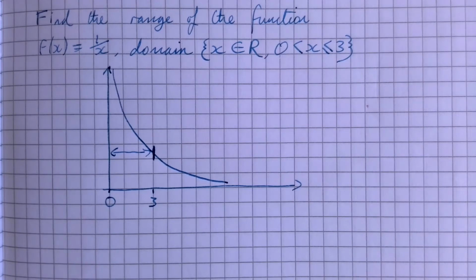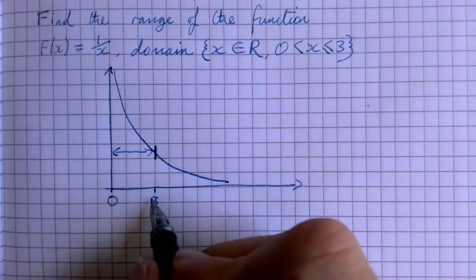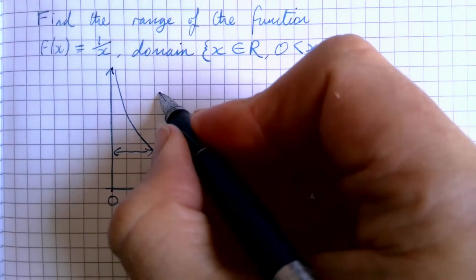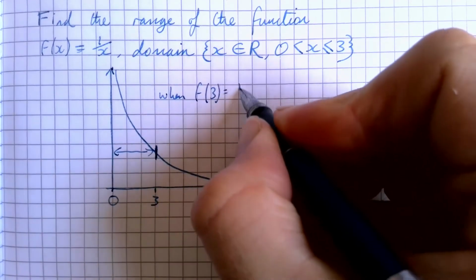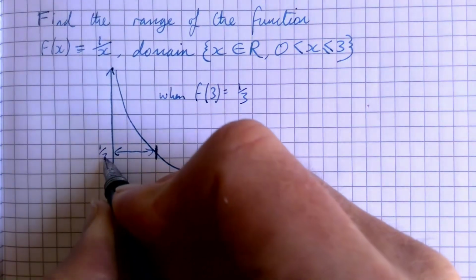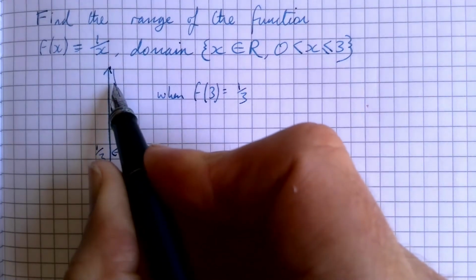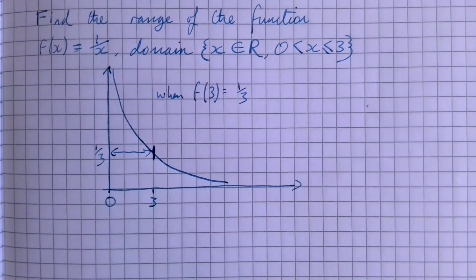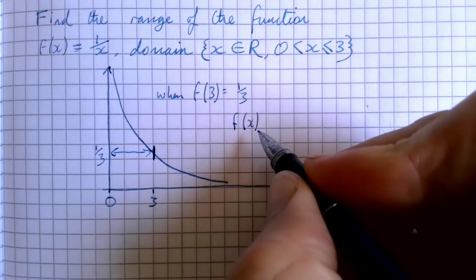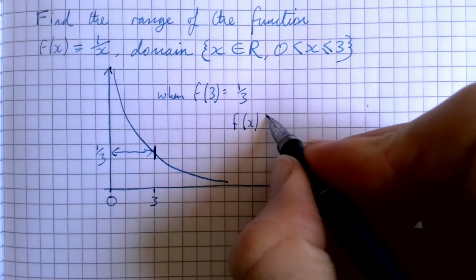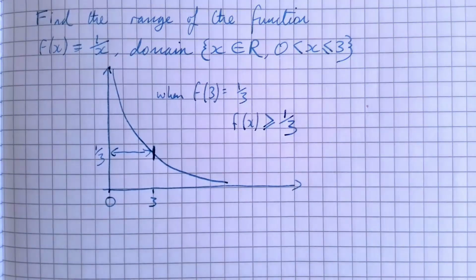So first thing to do is think, right, well, when x is 3, so if x is 3, we get 1/3, don't we? And what else is happening? Well, it's just getting bigger and bigger and bigger. So therefore, all we need to say is that the function of x is always going to be bigger than or equal to 1/3.